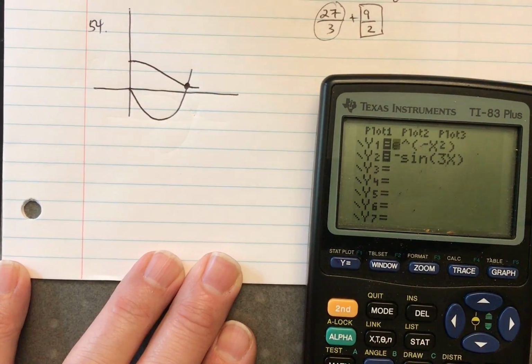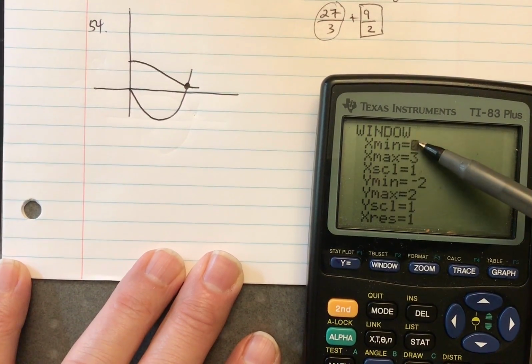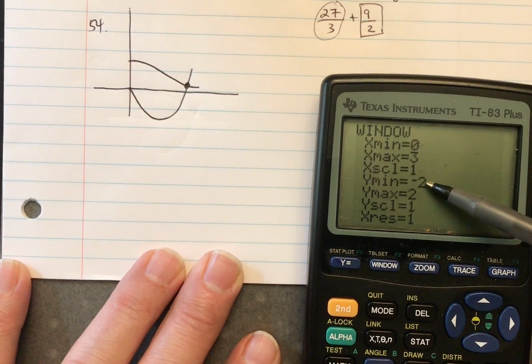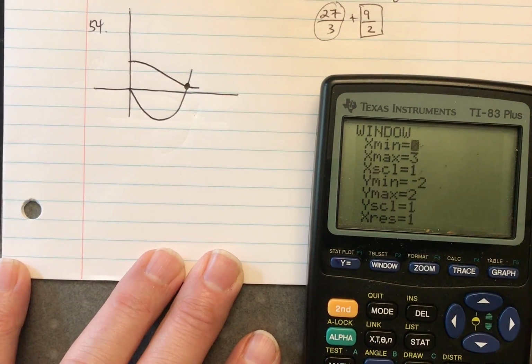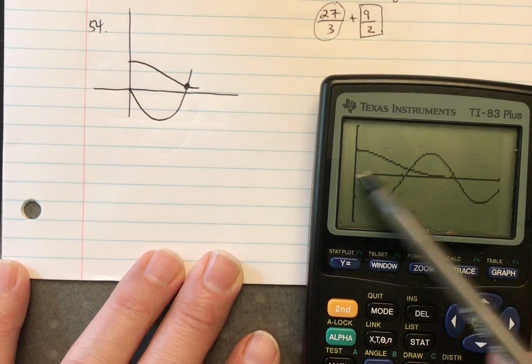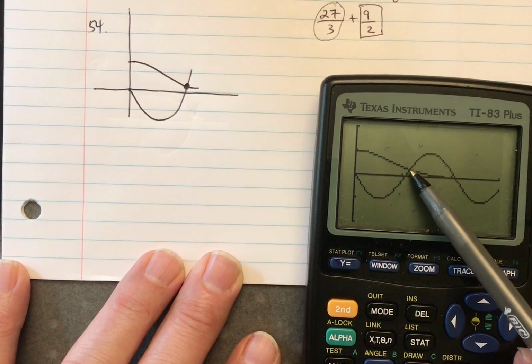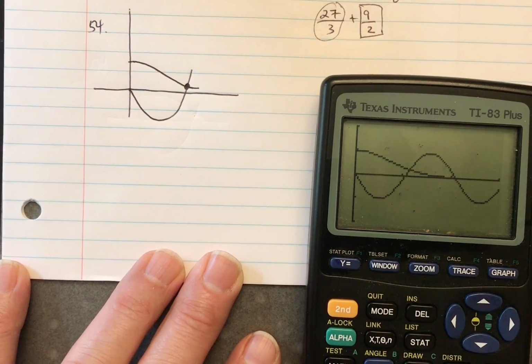Now on the grid that they gave us, or the graph, I changed my window. So I went from 0 to 3, and then I went from -2 to 2, so that my graph would fit very nicely. And when I graph it, I get a graph similar to what they have, and I just need to find that point of intersection right there.